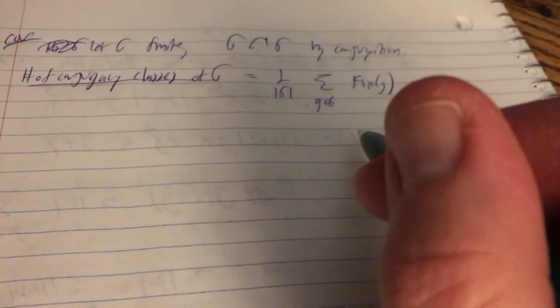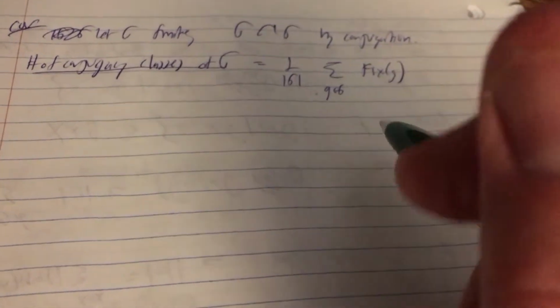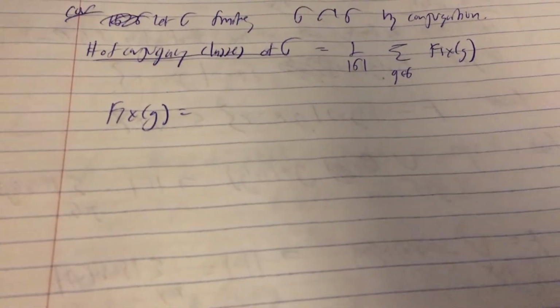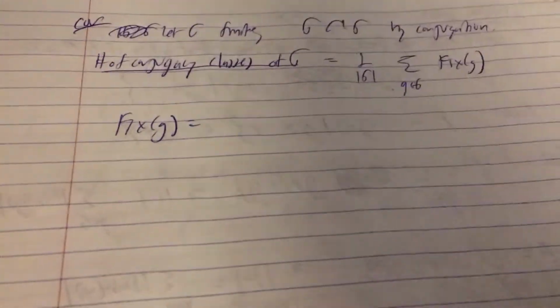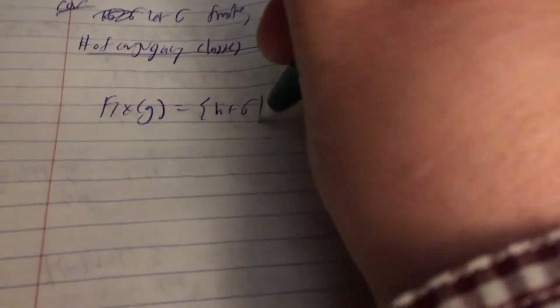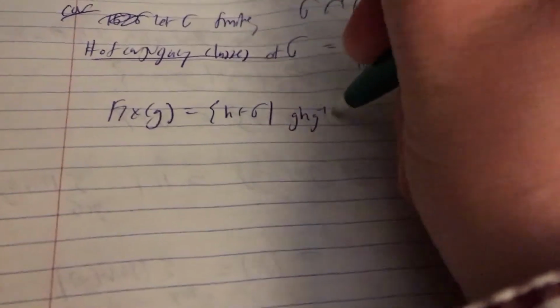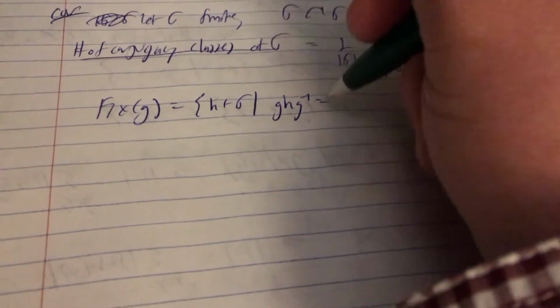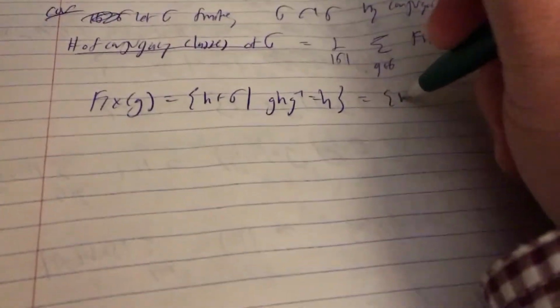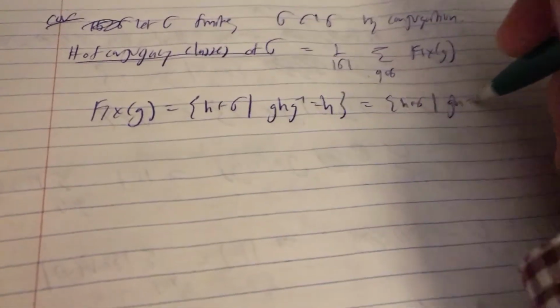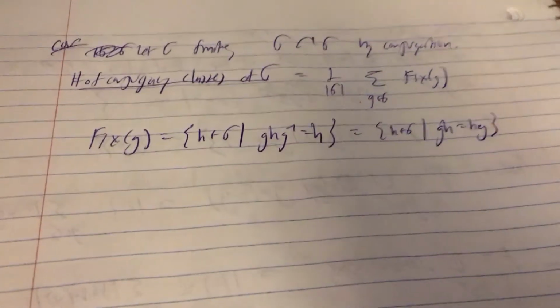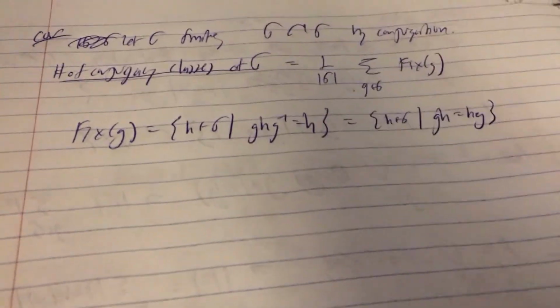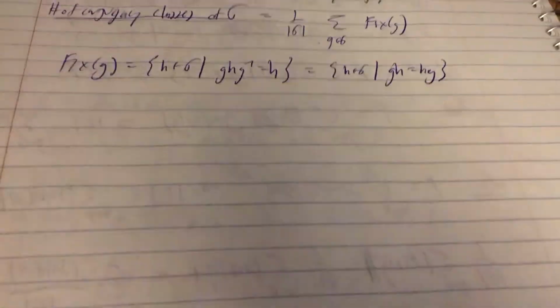Now, what is Fix(g)? Remember, in general, Fix(g) is the set of x in X such that g fixes x. Here X is G, so Fix(g) is the set of h in G such that g h g inverse is h. This is the set of h in G such that gh equals hg.